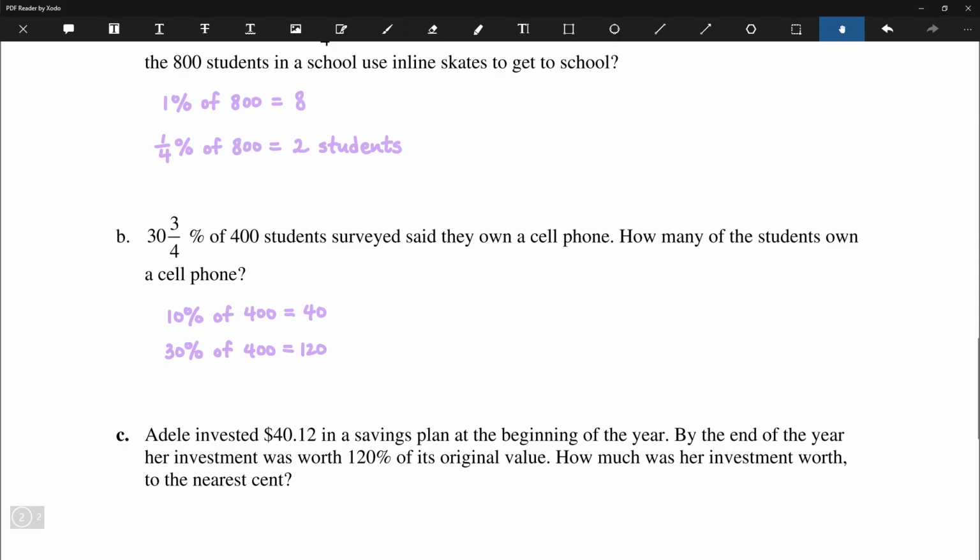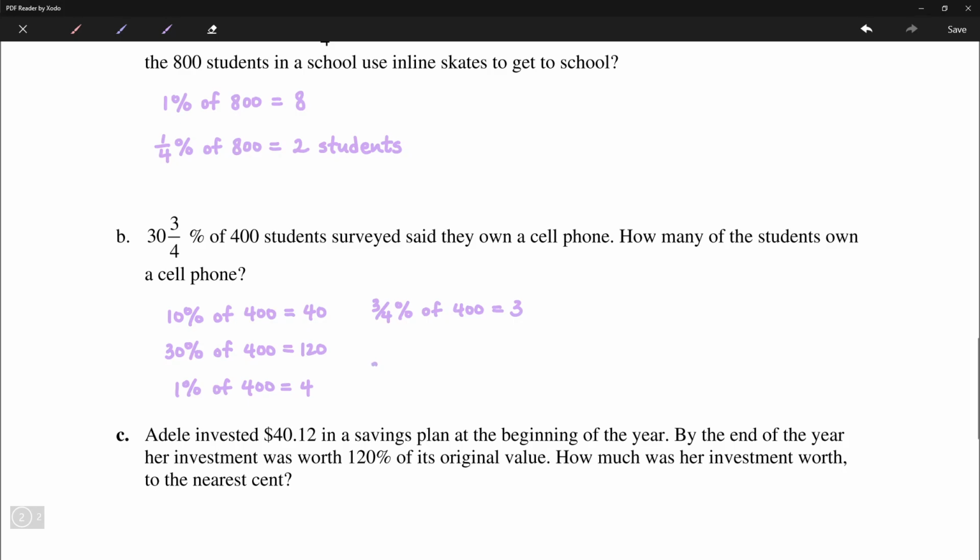And then from there, we can also find out 1%. 1% of 400 is equal to 4. So we're looking for 3/4 of 400. Well, we can simply multiply 3/4 by 4, and that will give us 3.